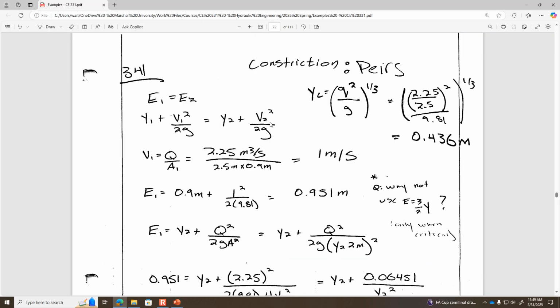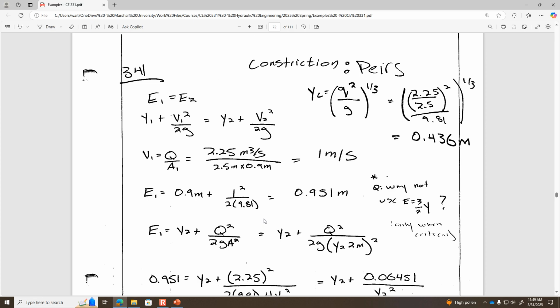So just to start things off, we could find the specific energy at 1. It's the depth and the velocity head. The water's flowing at 1 meter per second with the given 2.25 cubic meters per second and the given flow depth of 0.9 meters. So we find the specific energy at 1, and we're going to let that equal the specific energy at 2.